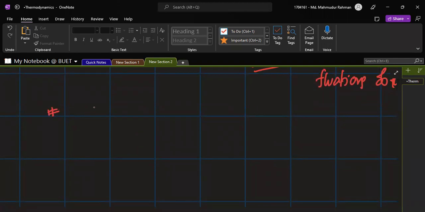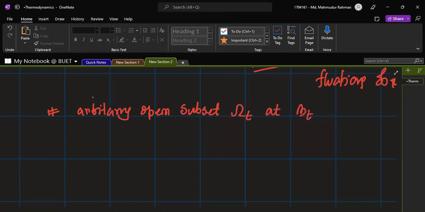Let's consider an arbitrary open subset, Omega t, of the configuration space Bt. We denote the quantity net heating by the symbol Q, here for the open subset that we are considering.